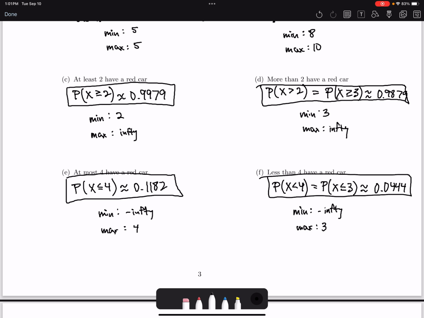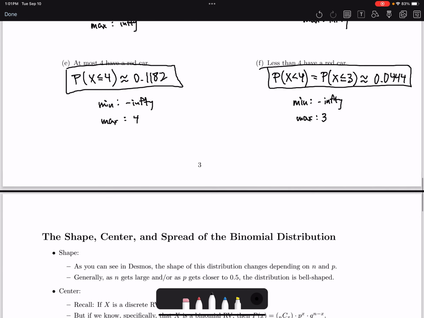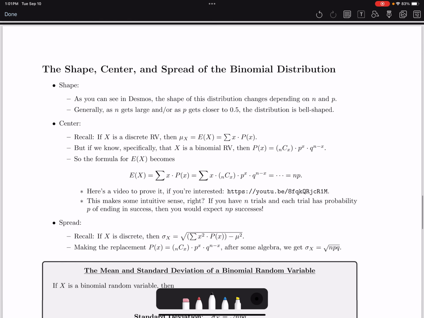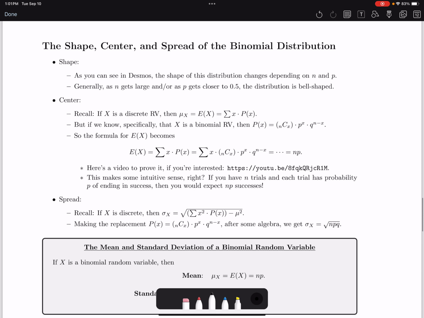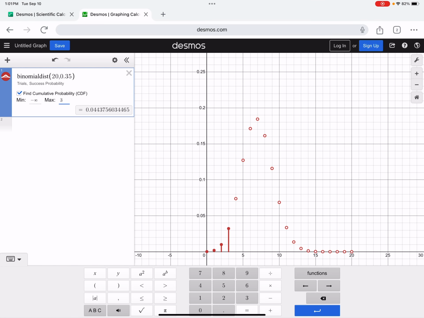So this is how we use the Desmos calculator to perform these kinds of calculations. Let's talk about how to compute the mean and the standard deviation. As far as the shape is concerned, the shape of the distribution is actually going to change depending on n and p. Let me just show you that.